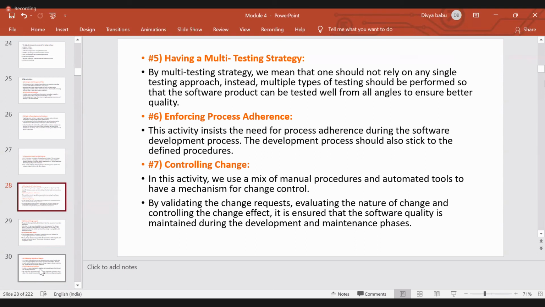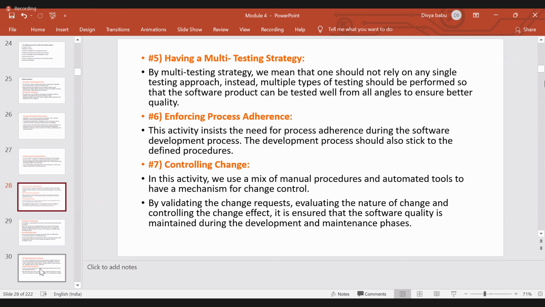For example, sometimes a customer may request contradictory changes. Like if you make a change on one side, it may adversely affect another thing. In such a situation, as a developer, you should be careful.